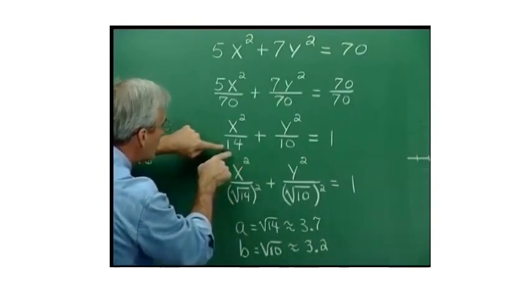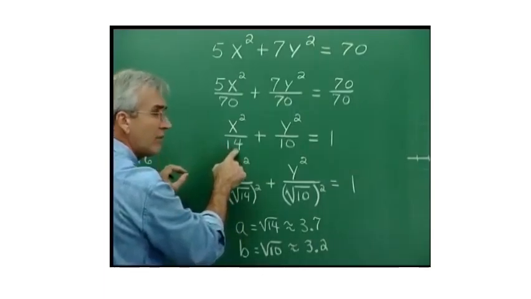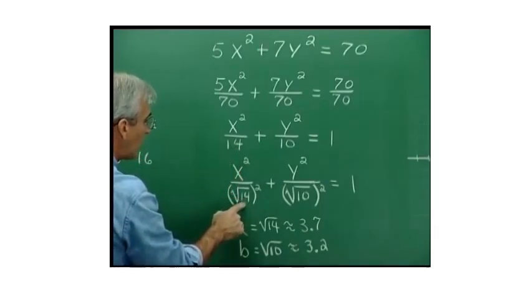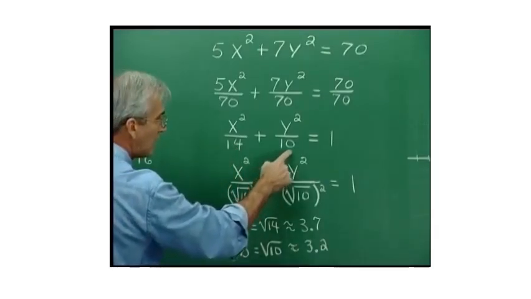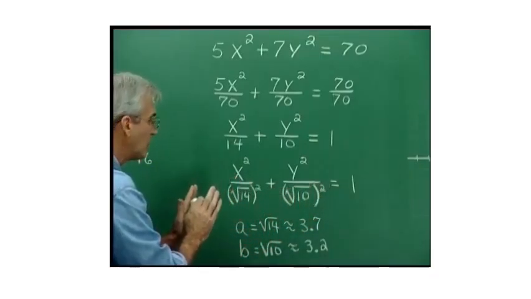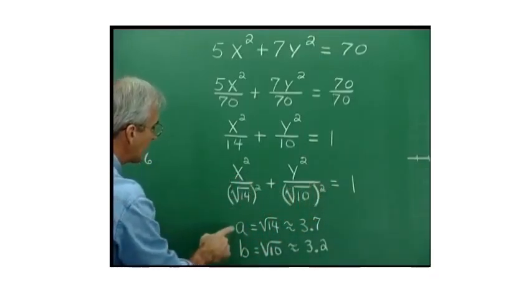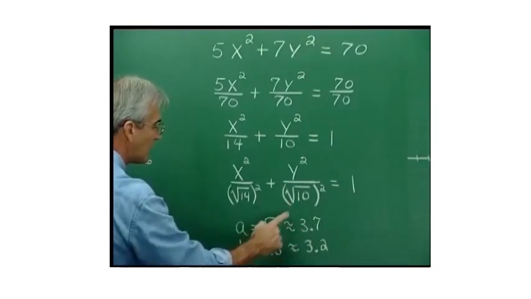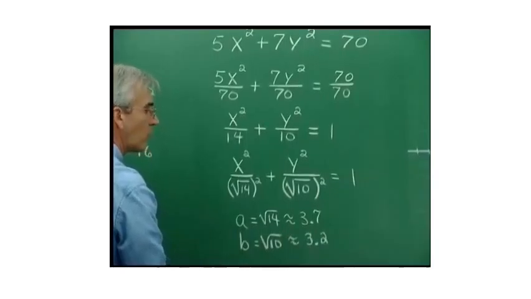We want the number which is squared to give 14, so it's the square root of 14. So we might write this as the square root of 14 squared, and here the square root of 10 squared, in order to identify the values for a and b. A is the square root of 14, or approximately 3.7. B is the square root of 10, or approximately 3.2.